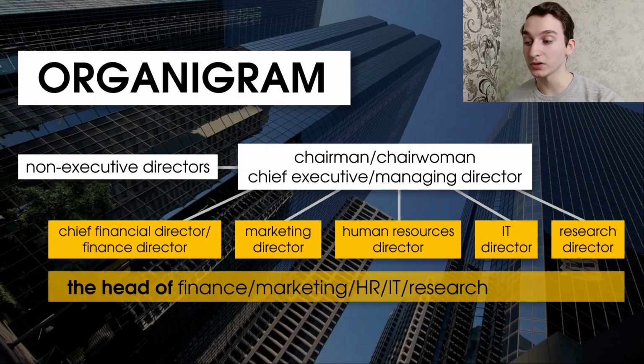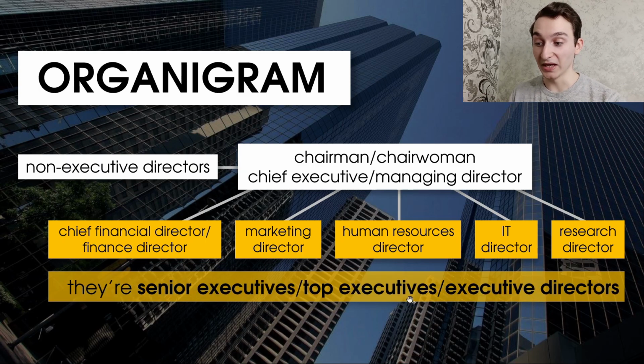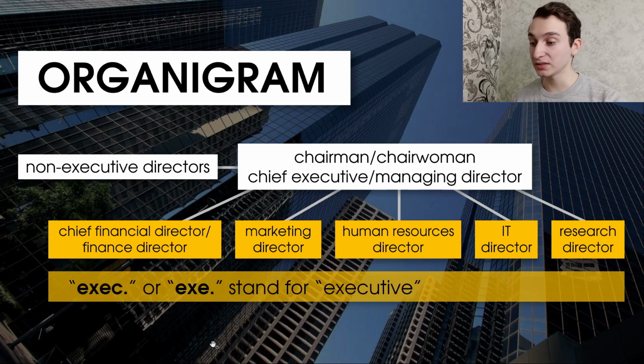You can also refer to them as the head of, for example, of finance, marketing, HR, IT, or research. And they all comprise senior executives or top executives or sometimes executive directors. So these are the groups and they're pretty much the same. Sometimes you can see these abbreviations and you know what they stand for for sure.